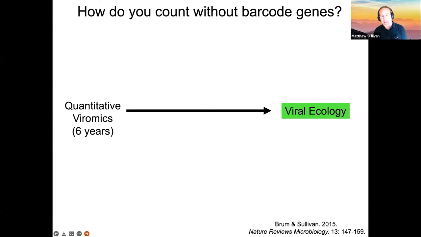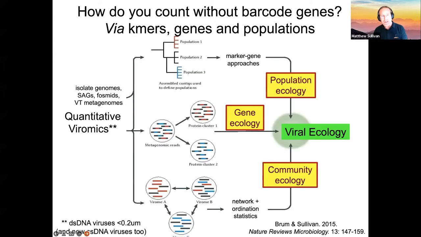And I won't belabor the point except to say there's 3 ways to count in viromics-based ecology. The first one is you can use machine learning approaches with k-mer signatures, so looking at the kinds of words in the sequence space, and then use modern machine learning analytics to be able to do community ecology.